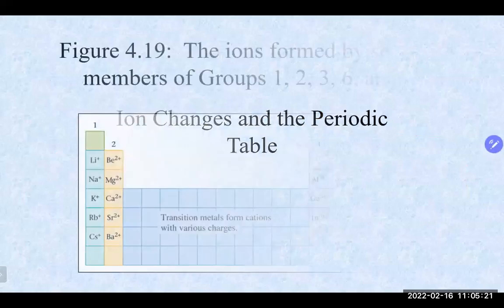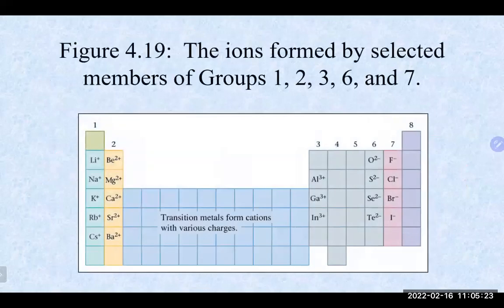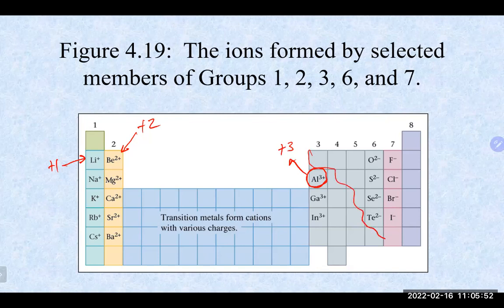When we look at the periodic table, there are certain elements that always will form sort of fixed charges. So pretty much everybody in group 1 will form a +1 charge since they are metals. Everybody in group 2 will form a +2 charge. Skipping over, although they have a few more listed here, it's really aluminum here. That's the one you usually will see is +3. Then this is sort of where the staircase comes down.